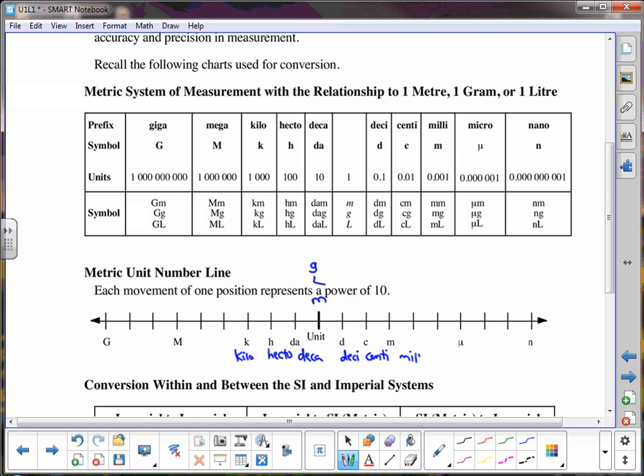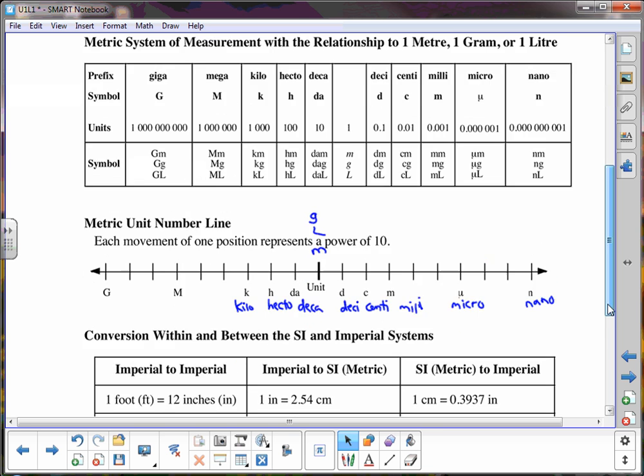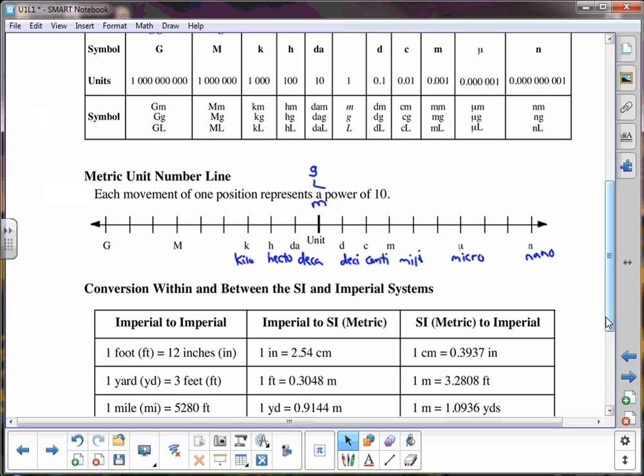This weird one on the end here, you've seen this one in science, that's micro, and then the last one, nano. You'll notice that nano is 9 spaces, 1, 2, 3, 4, 5, 6, 7, 8, 9 away from the meter. So that's 9 times 10 smaller, 10 to the 9th times smaller.